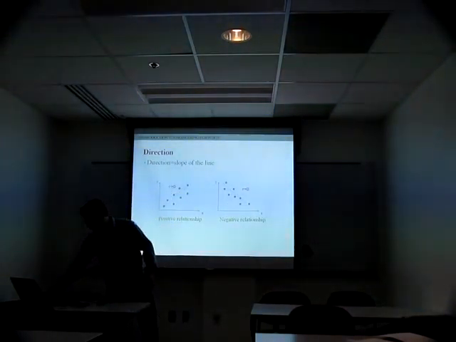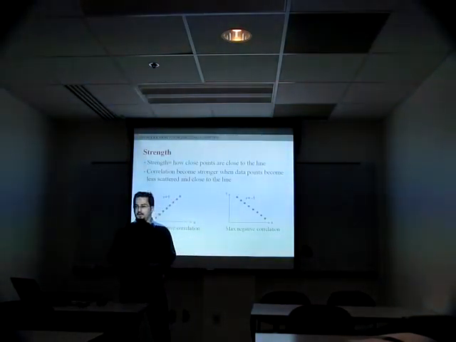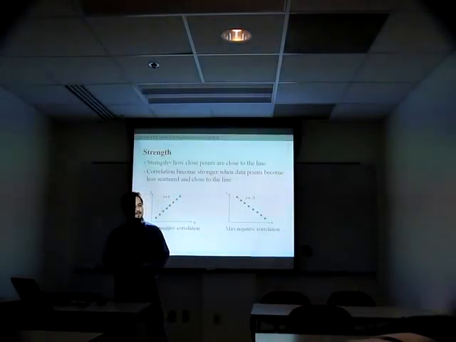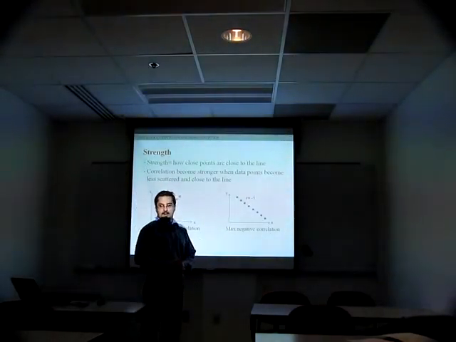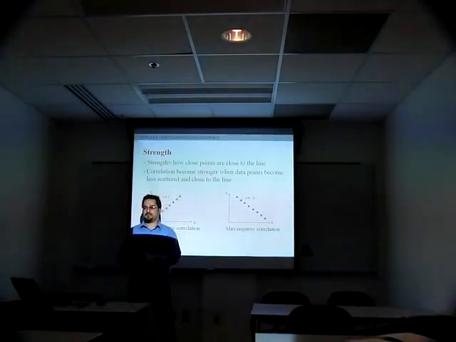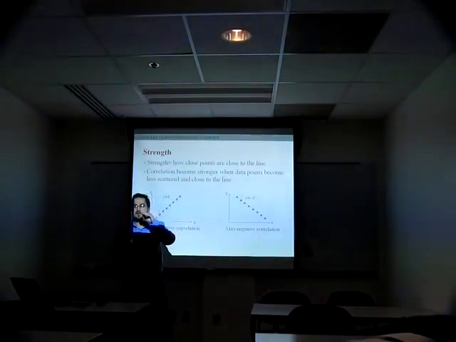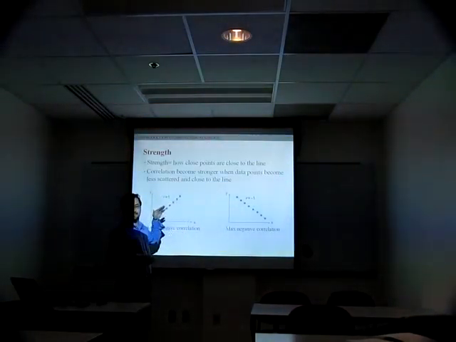What about the strength? Are we able to evaluate the strength of our relationship using scatter plots? Well, yes. The strength of a relationship can be shown by how close our data are to the line that is fitted to the data.